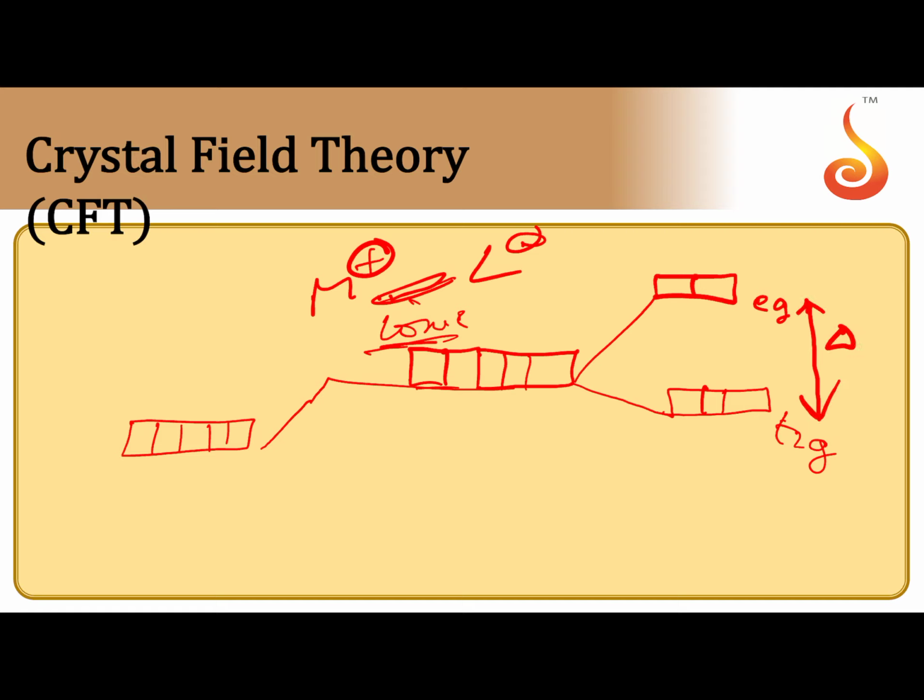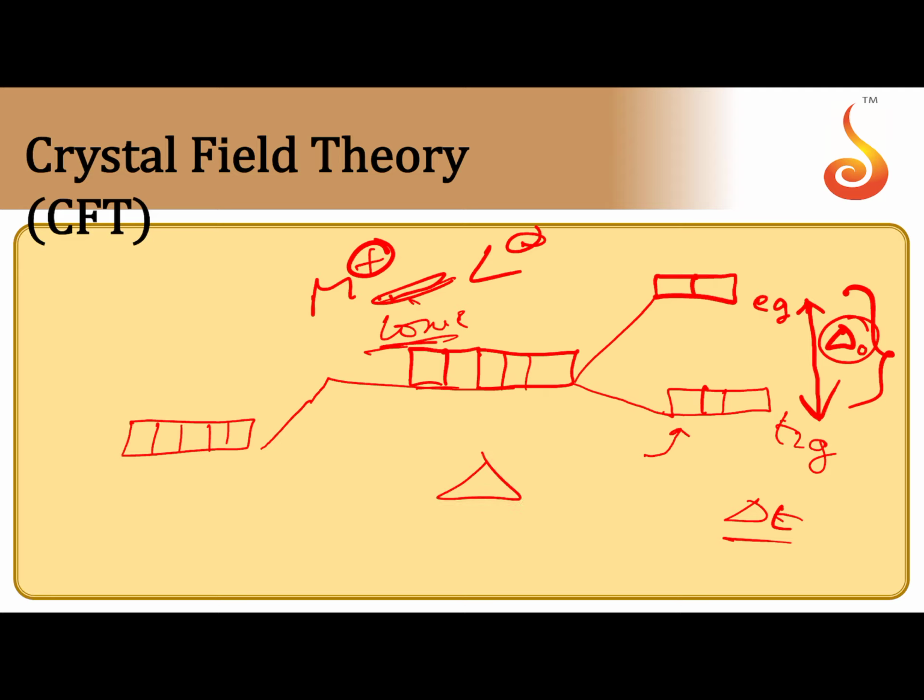The energy gap between those two is called delta. If it is an octahedral complex, delta O. If it is a tetrahedral complex, delta T. This is the crystal field splitting energy. After splitting into 2 sets, electrons enter the orbitals according to the Aufbau principle, Hund's rule, and also Pauli's principle. If this energy is more, pairing becomes easy.